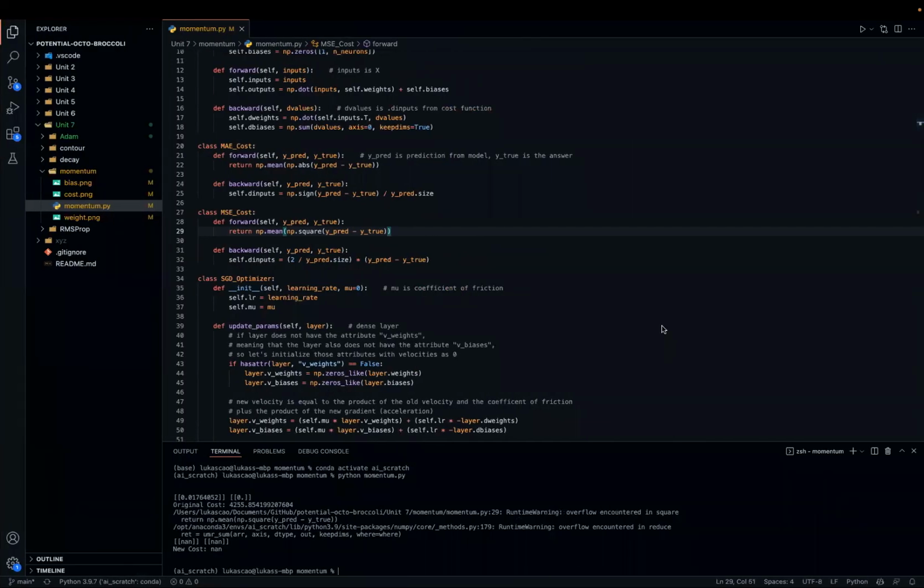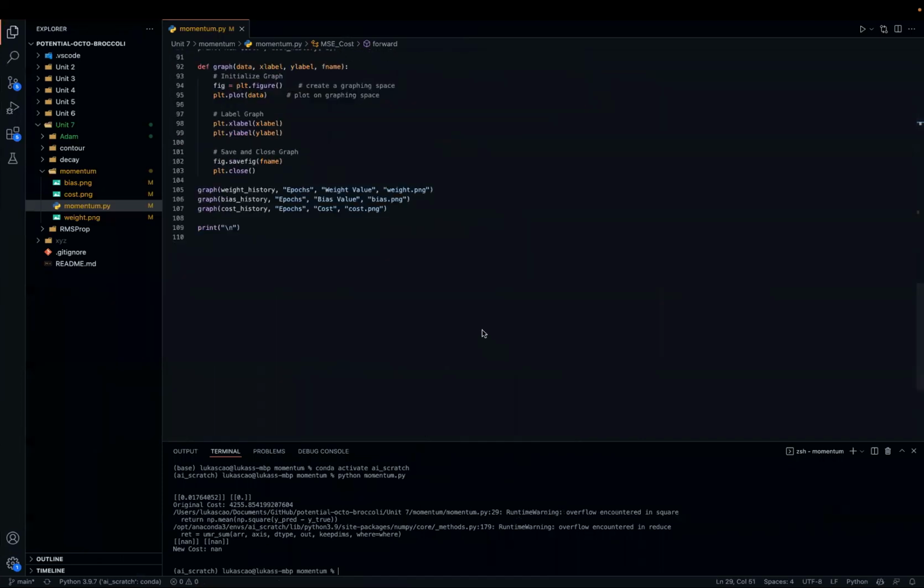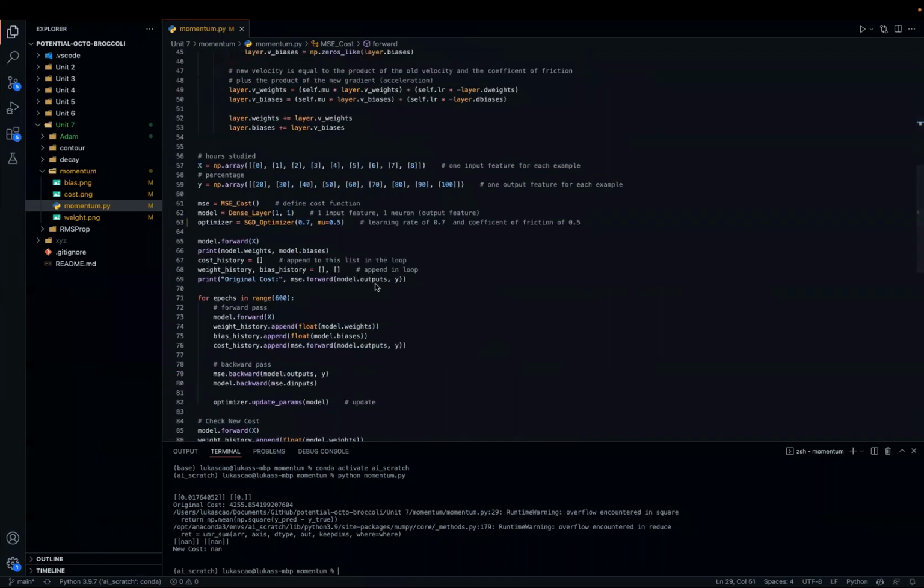So are you gonna decrease or increase your learning rate if this happens? Yeah. Okay, so what new value? Okay. So this is saying that you're going to use 40% of your derivative. And then also, don't forget mu.